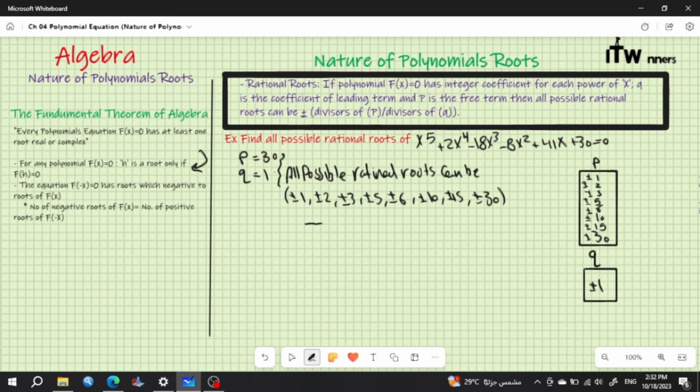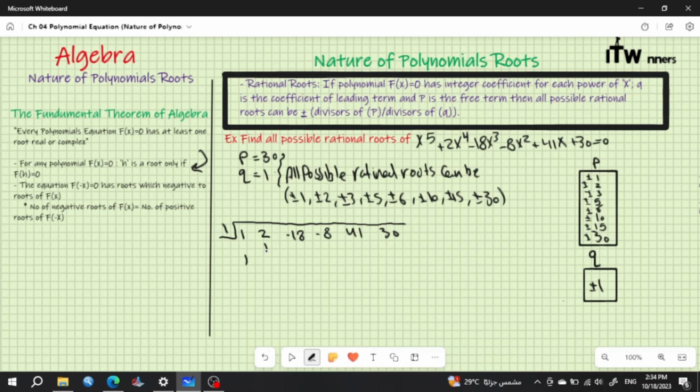So we have here 1, and the coefficients of this equation in descending order: 1, 2, negative 18, negative 8, 41, 30. On the third line we have 1, 1 times 1 equal to 1, 2 plus 1 equal to 3, 3 times 1 equal to 3.